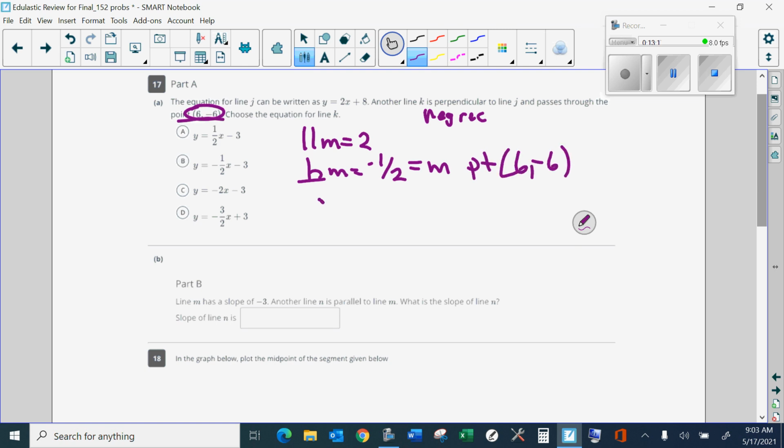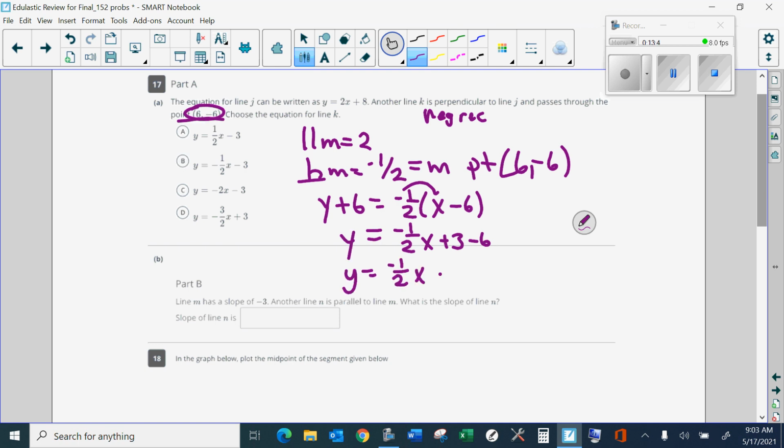Remember I said start in point-slope form, so that's going to be y plus 6 equals -1/2 quantity x minus 6, and now I can solve that for y and put it in slope-intercept form. So distribute: y equals -1/2 x, that's plus 3, but then I'm minusing 6 across. So y equals -1/2 x minus 3.